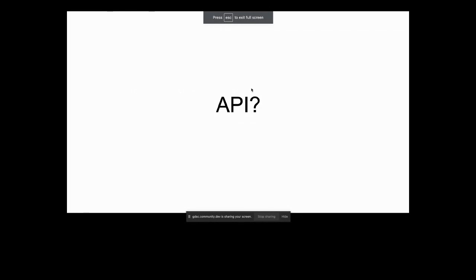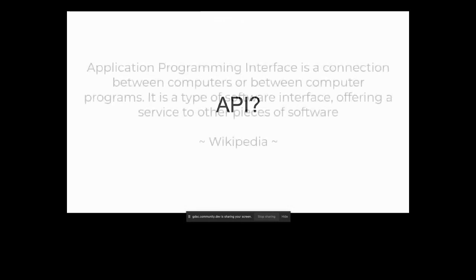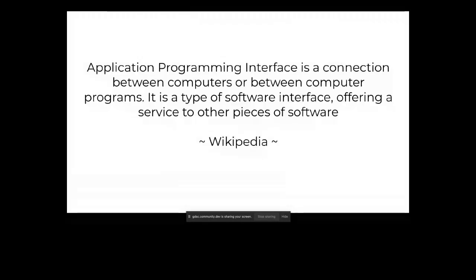Working with APIs. If you've never heard of what an API is, this is the Wikipedia definition. In full, it's application programming interface. Basically, it's a pathway that enables two services, systems, or libraries to communicate with each other.